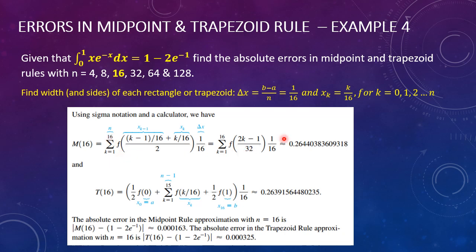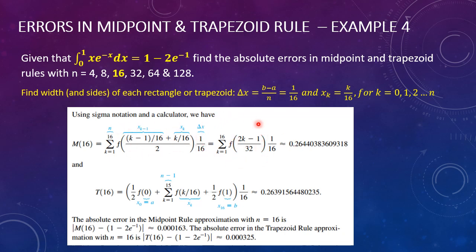Okay, this simplifies into this formula here, and you might remember this from Riemann sums, how we used to simplify. This simplifies to f of (2k minus 1) over 32 times 1/16.